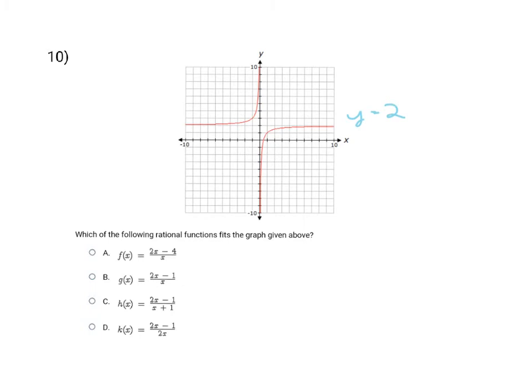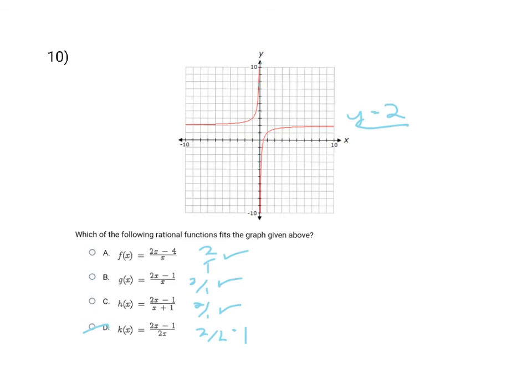So looking at my choices here, all of the choices have the same degree in the top and the bottom, so that means I'm going to look at the ratio of their leading coefficients. Here I have a 2 over 1, so that one checks. B, I have a 2 over 1, so that one will check. C, I have a 2 over 1, so that one checks. D, I have 2 over 2, which simplifies to 1. That's not my horizontal asymptote, so it can't be D.